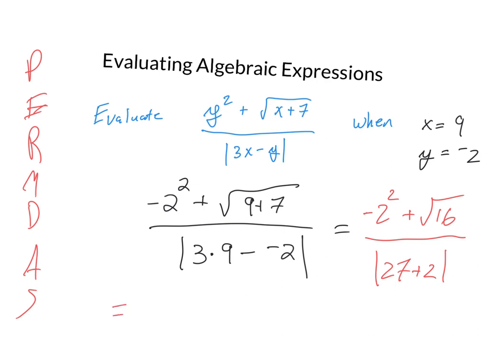Now I can do exponents. Negative 2 squared. Squared means times itself, so negative 2 times negative 2 is 4. Plus the square root of 16. What number times itself is 16? That is also 4. In the denominator, I have the absolute value of 29. So I have 8 over 29 as my final answer.